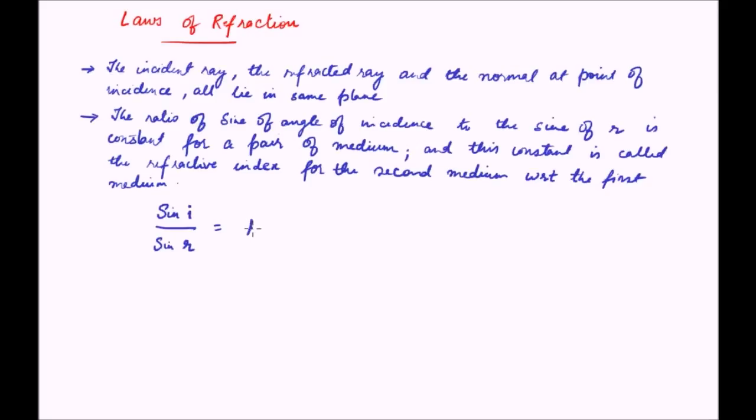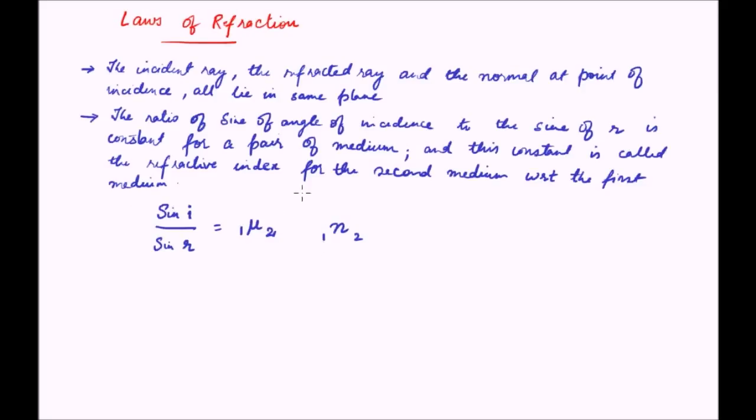This means the ray of light is going from 1 to 2. Alternatively, refractive index is sometimes denoted by n, and the notation is similar: n 1 2, the refractive index of second with respect to first. This mathematical representation is known as Snell's Law.